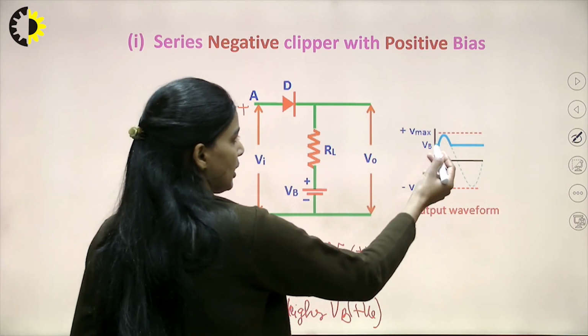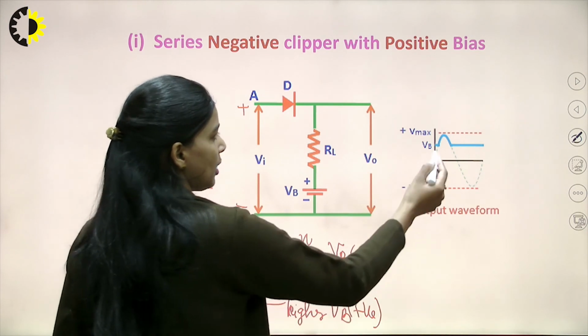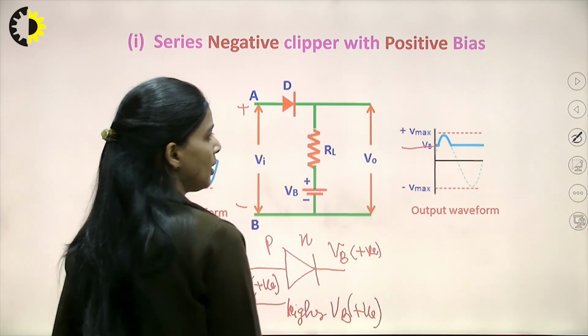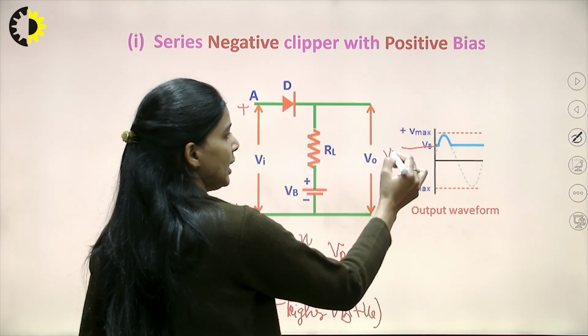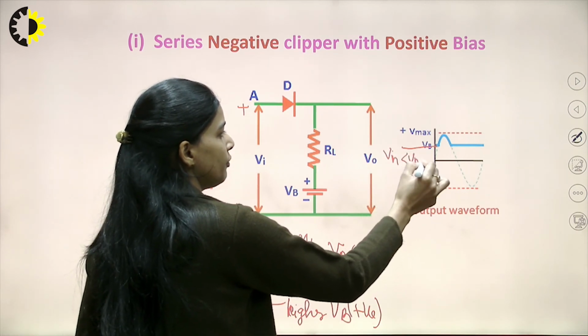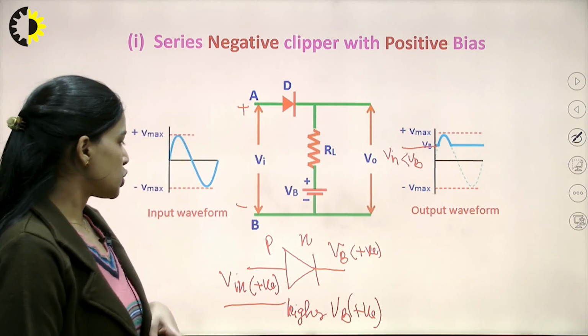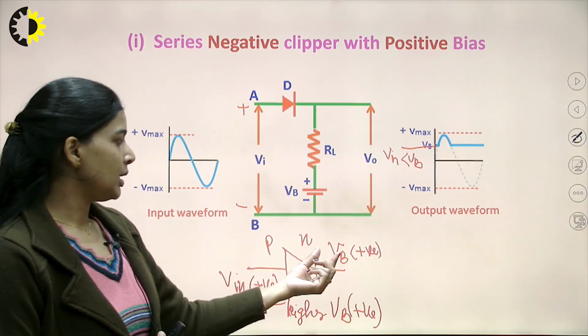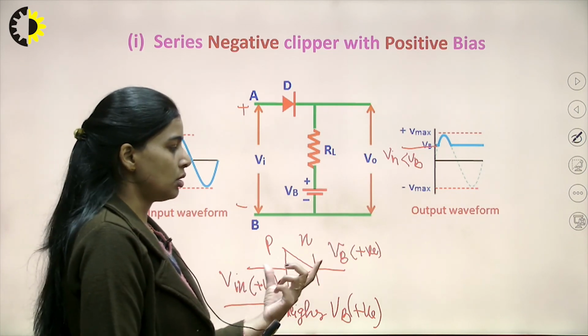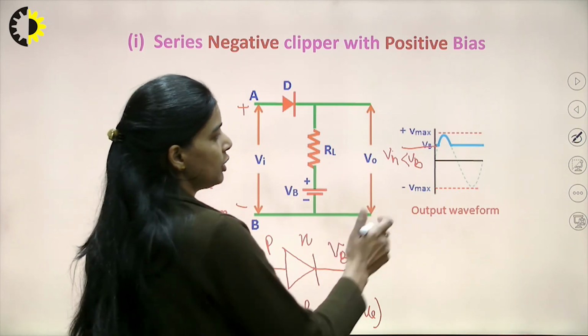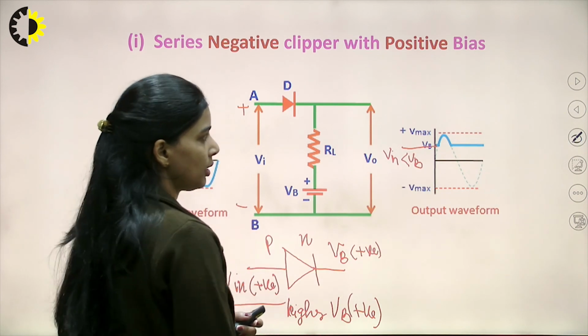So, in the output we can see up to the level VB. Up to the level VB means up to this point V in is less than VB. When V in is less than VB, this side is more positive, so the diode will be off and we do not get any output.